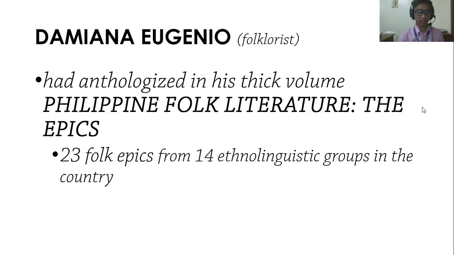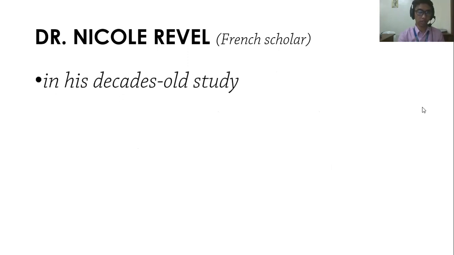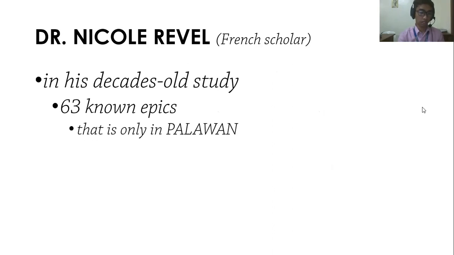So that's how rigid his book about Philippine folk literature is, The Epics, which contains 23 folk epics. But Dr. Nicole Revel, a French scholar also, in his decades-old study, was able to reveal 63 known epics, and that is only in Palawan.